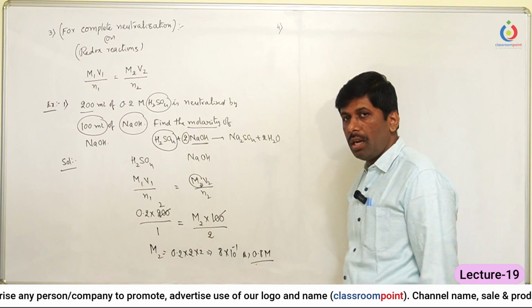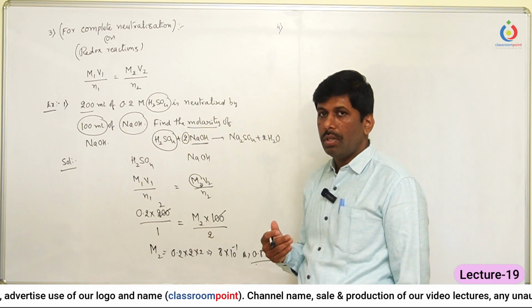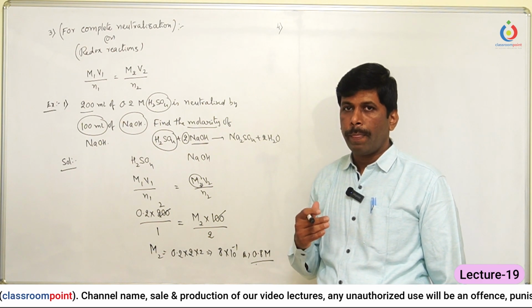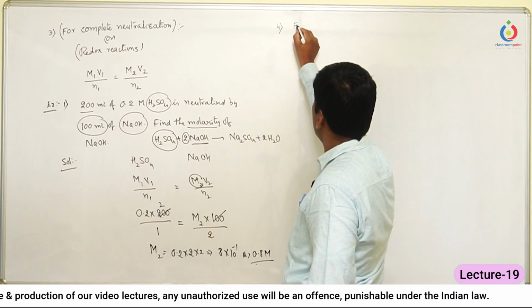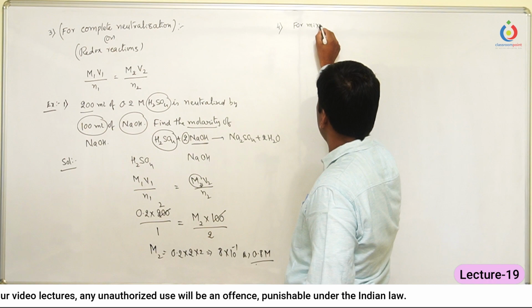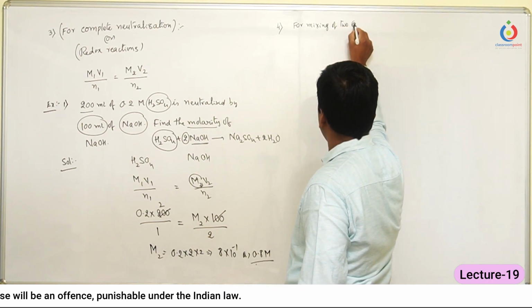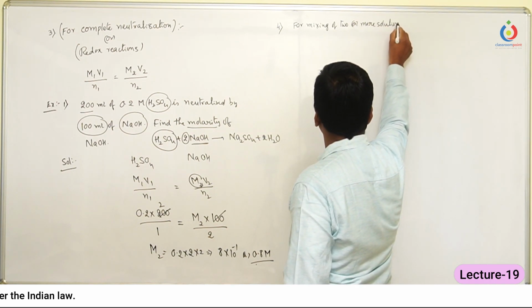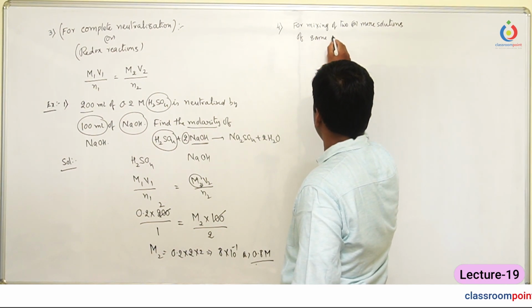Let us see another type, where 2 solutions are mixed. These 2 solutions may be of the same type or of different types. Let us see both the categories now. For mixing of 2 or more solutions of the same solute.